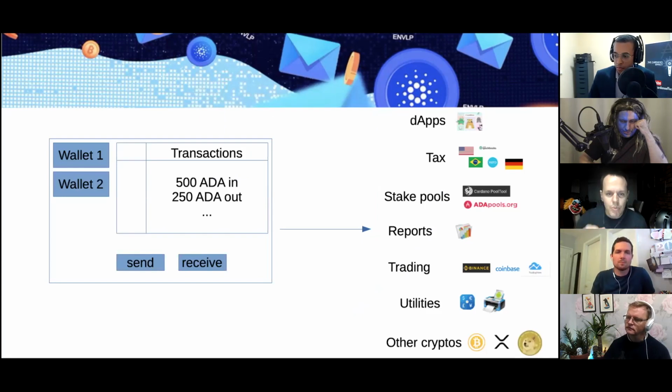So when you open your wallet in the beginning, on the left here, you could open a plugin store, and you'll be offered a selection of the apps, tax options, lists of stake pools, reports, integrations with trading, utilities, and even integrations with other cryptos.